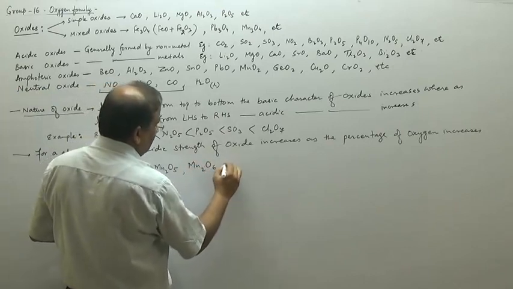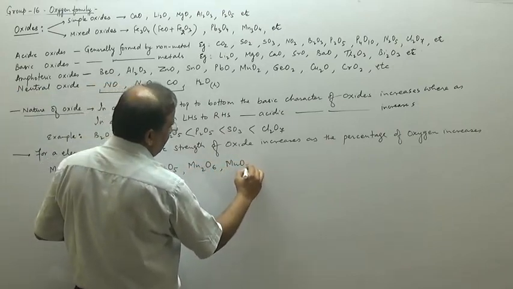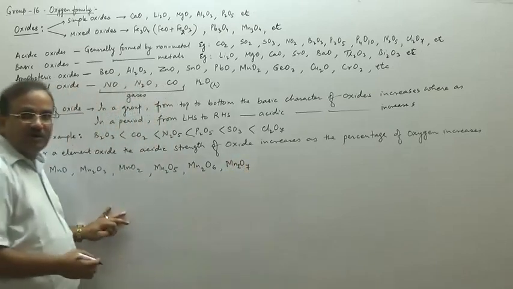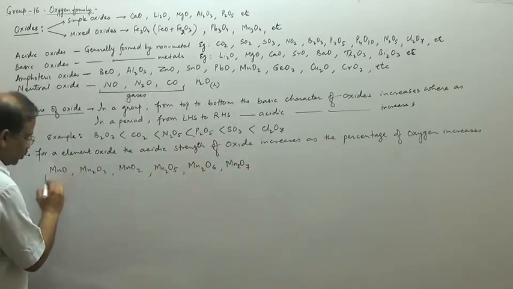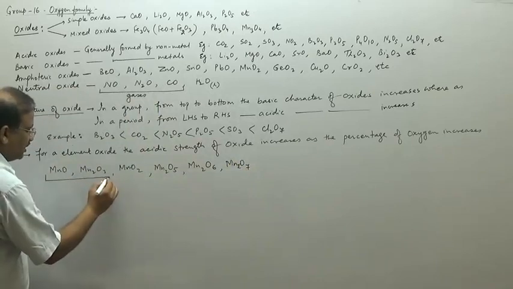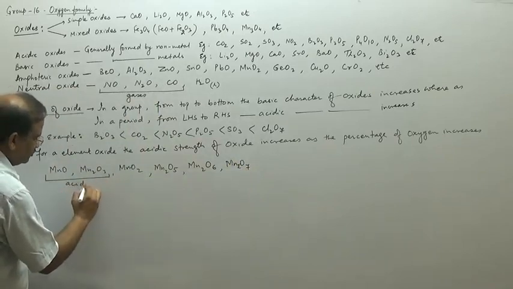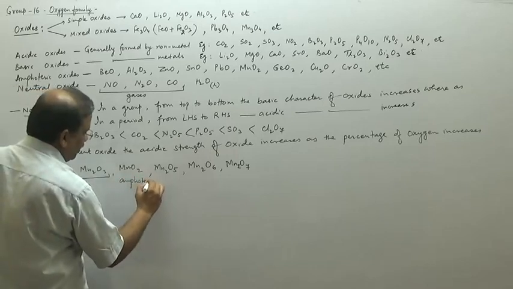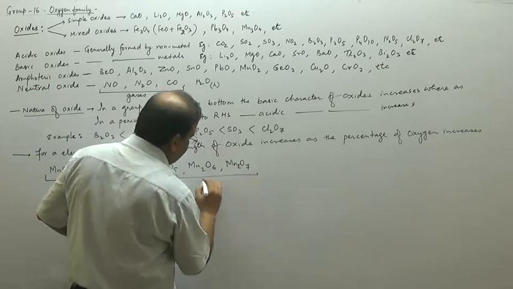These are the oxides I've written. Now we say that these two are acidic in nature, this is amphoteric, and these are basic in nature.